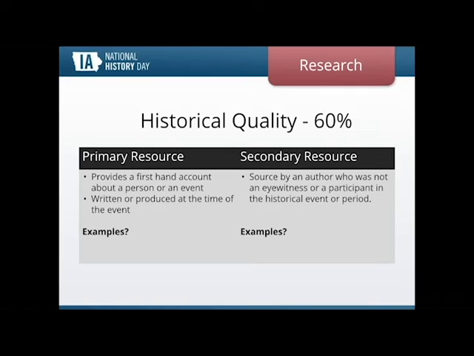So I want everyone to take a few minutes and just think, what would be a first-hand account? All right, secondary sources. Sourced by an author who was not an eyewitness or a participant in the historical event or period. So also take a few minutes and think what would be a great secondary source. If you're listening, I've already mentioned a couple. This is someone who was not an eyewitness.